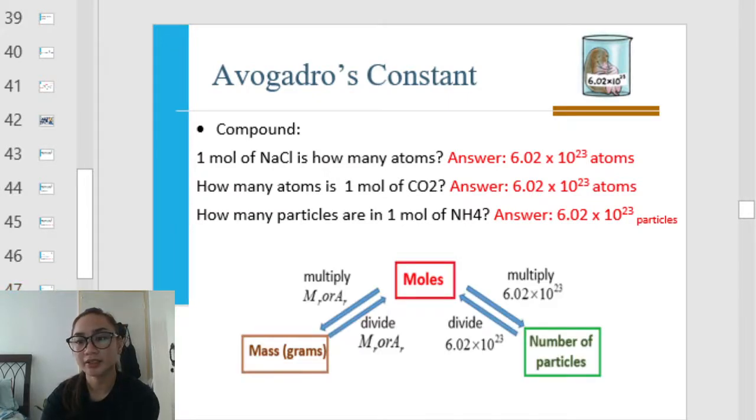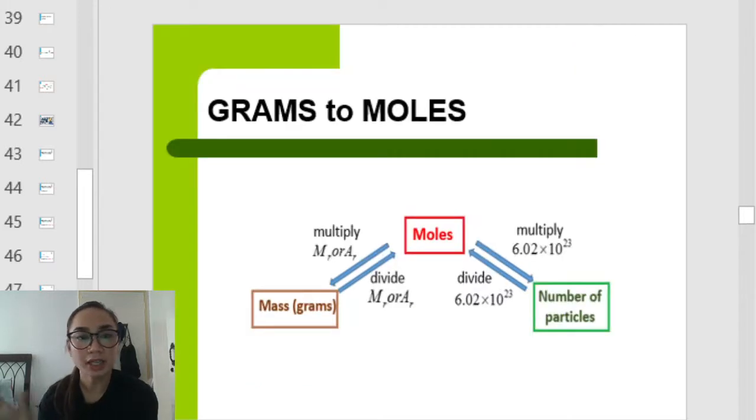Okay. So, again, yun nga pinakita dito, no? You just have to multiply given na meron tayong moles. And yung arrow natin, ang hinahanap ay number of particles or atoms. We multiply it. Okay, now, we move on to conversion of grams to moles.